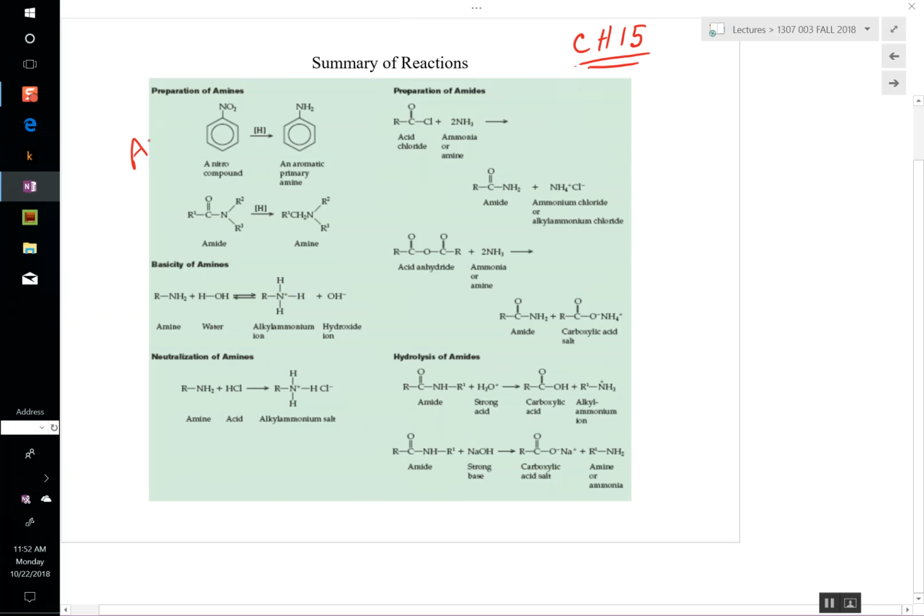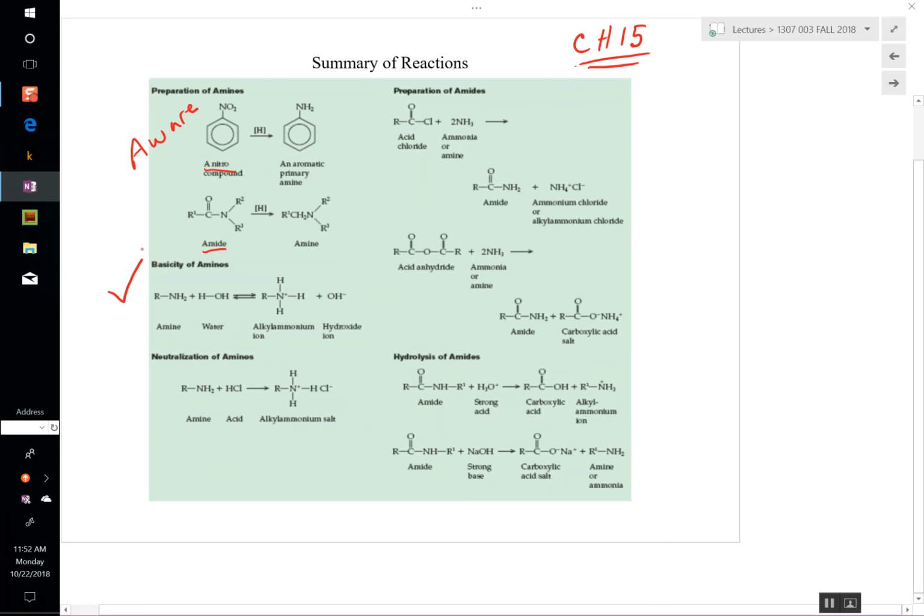Just be aware of this. There's a way to make amines from nitro compounds and amides. I'll use a check mark.